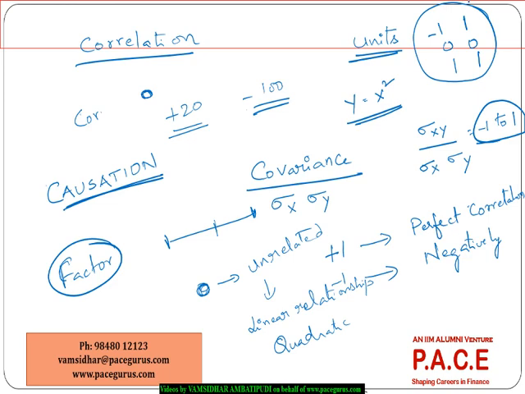But the reality is not that. They are very strongly related by the relation y equal to x squared. So what does that mean for us here? The simple thing we can make out is that correlation only talks about the degree of linear relationship existing between the variables. It does not consider the presence of a non-linear relationship between the variables.